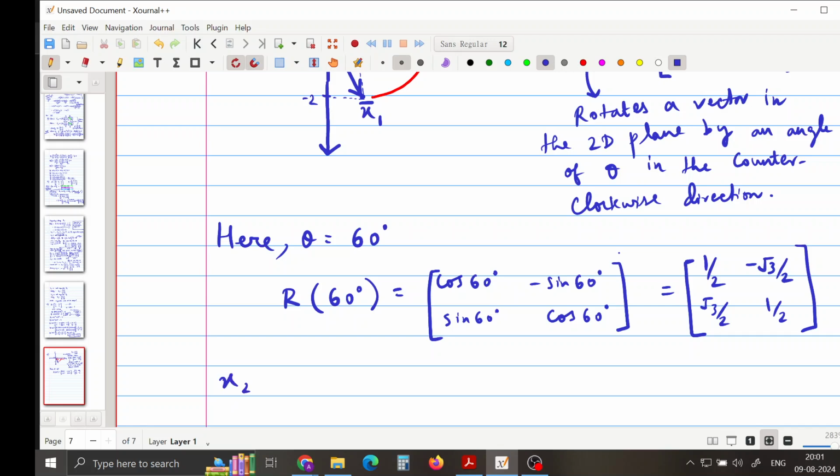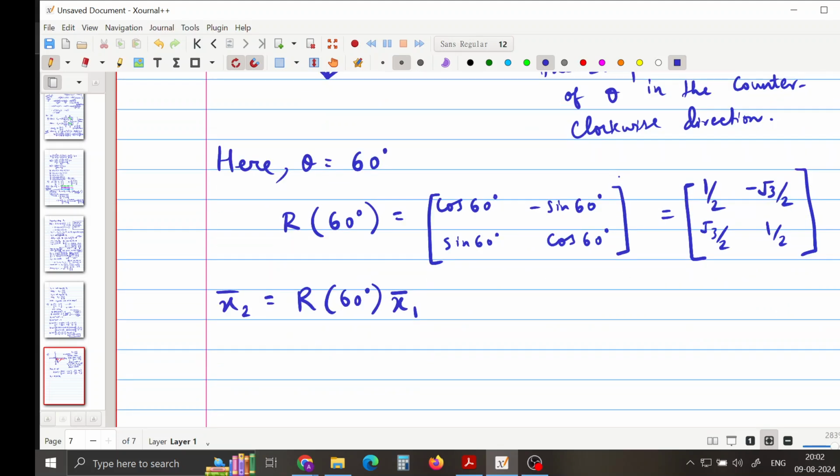Now the new vector that you will obtain is by applying this rotation on your x1 vector. So this is equal to the rotation described by this matrix we just wrote, acting on x1.